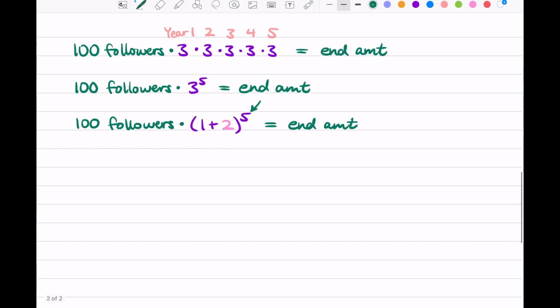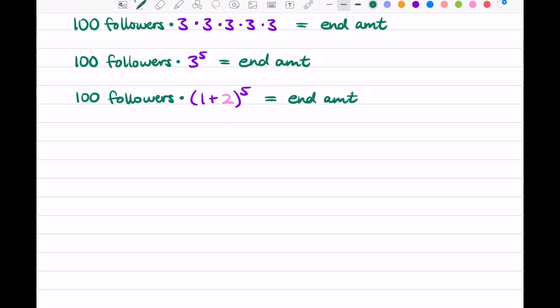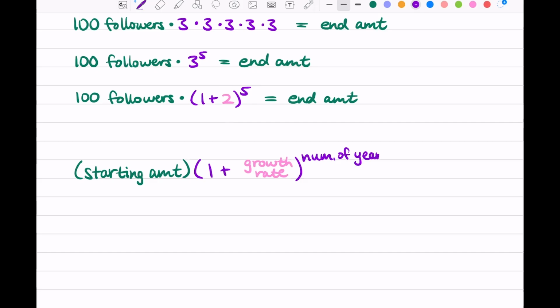Our example here used followers. But in general, if we have some starting amount and we multiply it by 1 plus a growth rate, and we multiply by this number in parentheses for some number of years, we'll get some end amount.